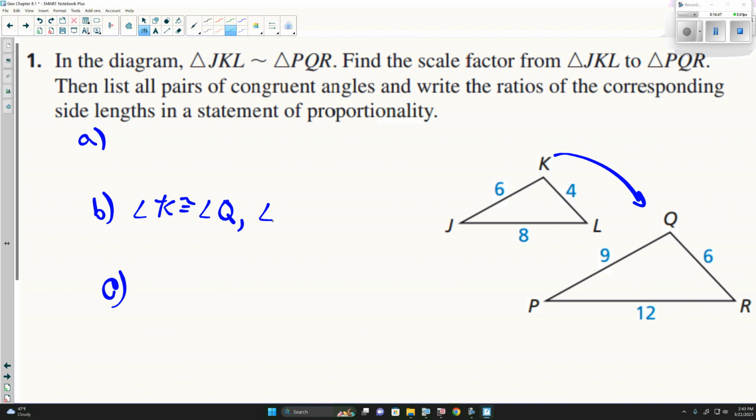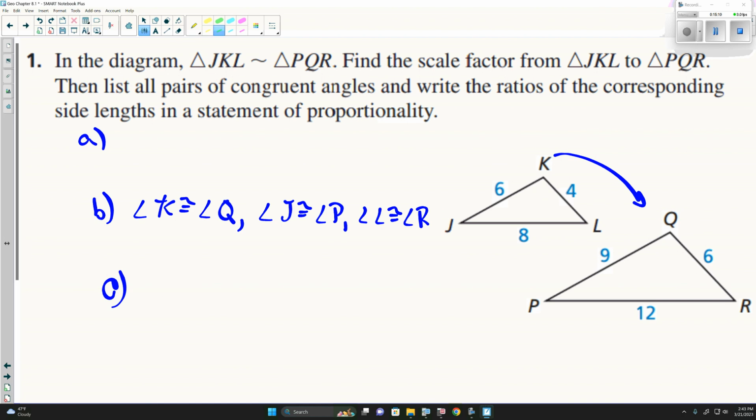We know angle J is going to be congruent to angle P. And lastly, angle L and angle R are congruent. Now, sometimes this helps if we match up the sides.